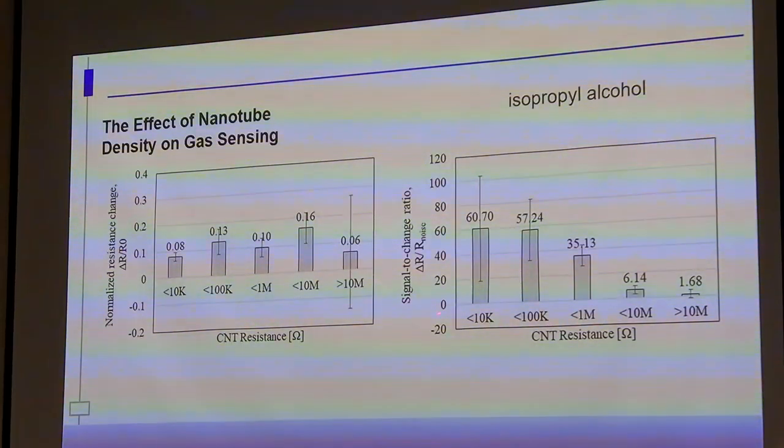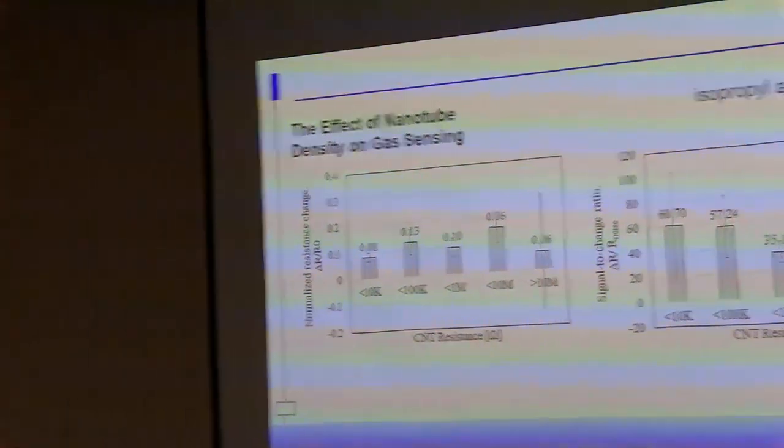But when it comes to the signal to noise ratio, delta R divided by R noise, this 10K sample is pretty high, and the higher the resistance, the lower the signal to noise ratio. The reason is that when you have a more resistive sample, you have a higher noise, and due to higher noise, the signal to noise ratio is small.